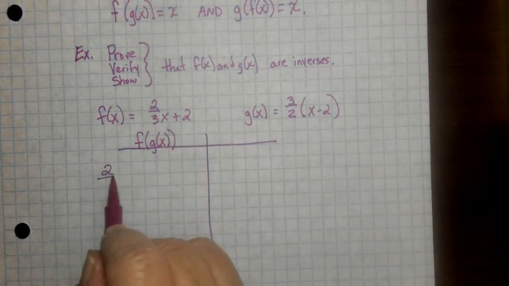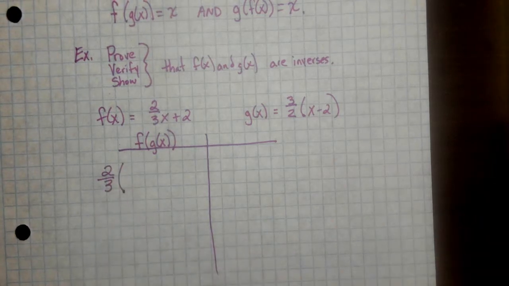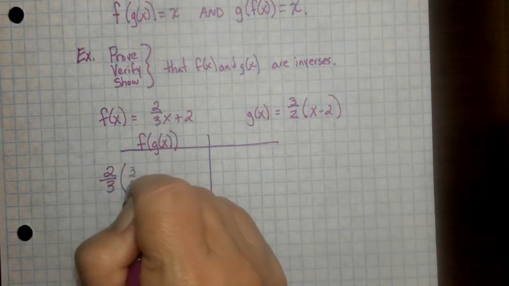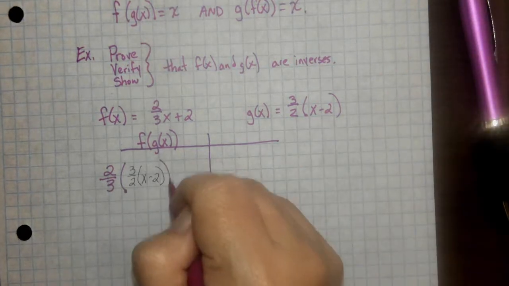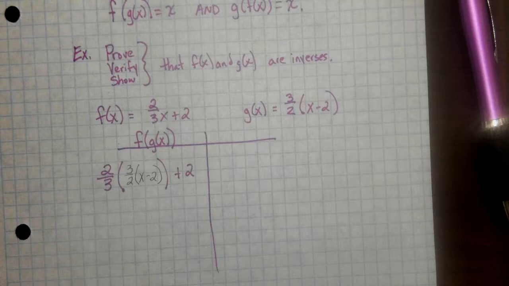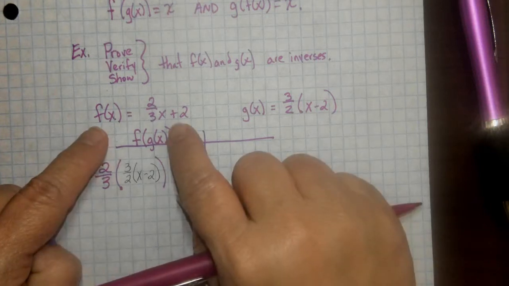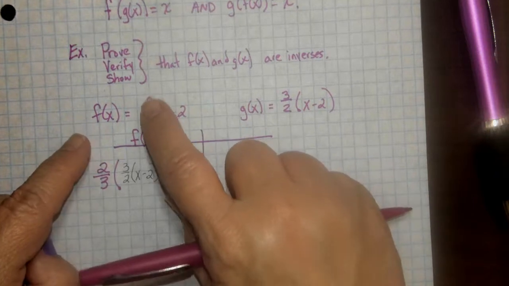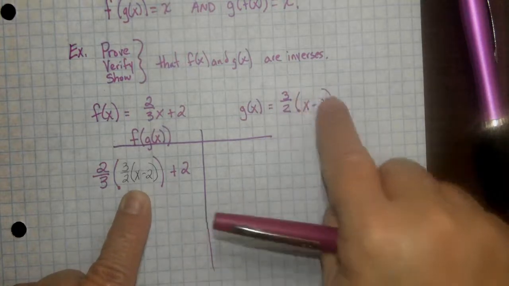So that's 2/3 times 3/2 times (x minus 2) plus 2. F is my main framework, and f says 2/3 times your input plus 2. But my input is now all of g of x.